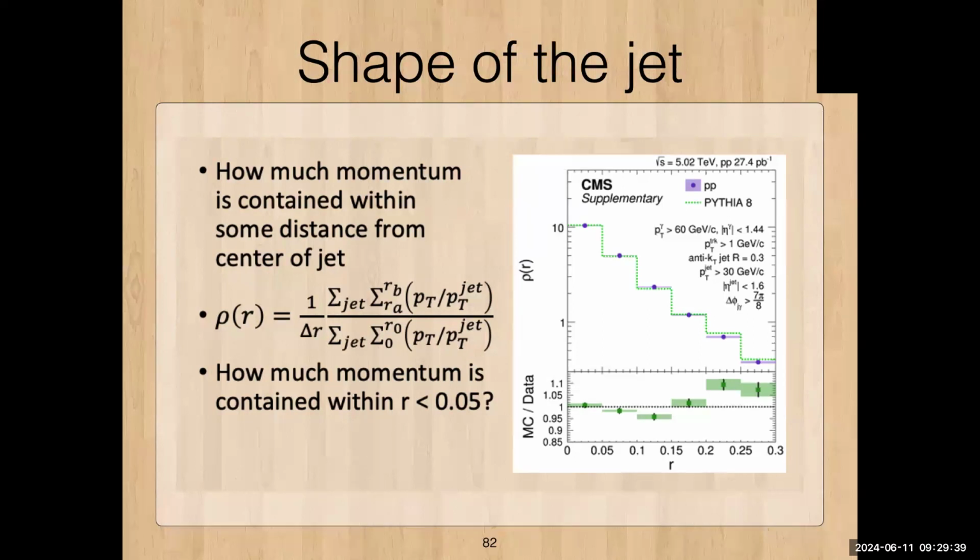So it's a steeply falling spectrum, and most of the energy is contained within a very small radius. If we integrate this up to 0.05, you can see about 50% is within 0.05. And by the time you go to 0.1, it's like 75%-ish. So everything is very concentrated within the center, which is what we expect, right? We have a lot of collinear splittings.